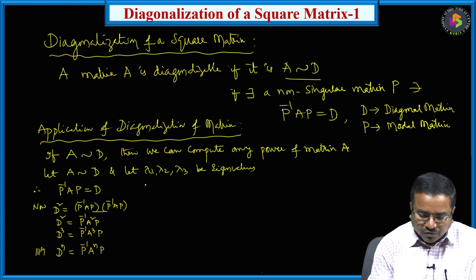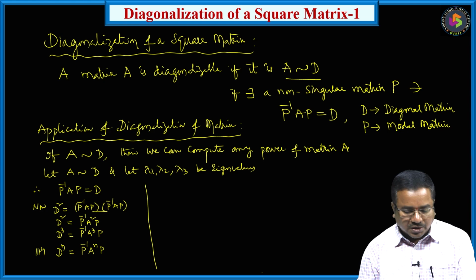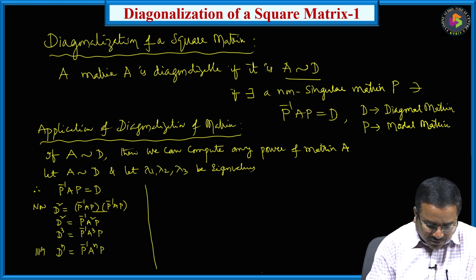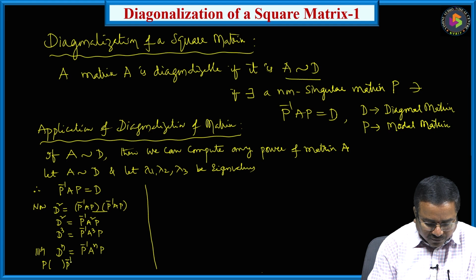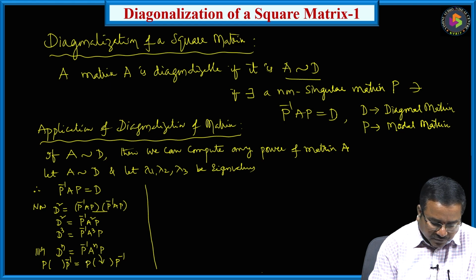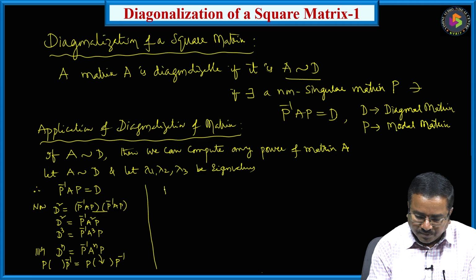Now, our objective is to find A to the power of n, the power of a matrix. In order to find that, we pre-multiply both sides by P and post-multiply by P inverse. Looking at the left-hand side, we have P D power n P inverse.